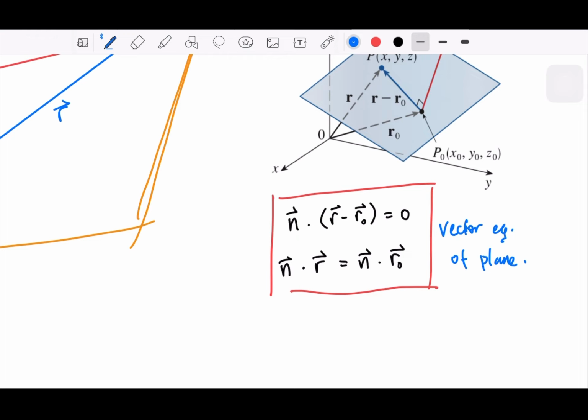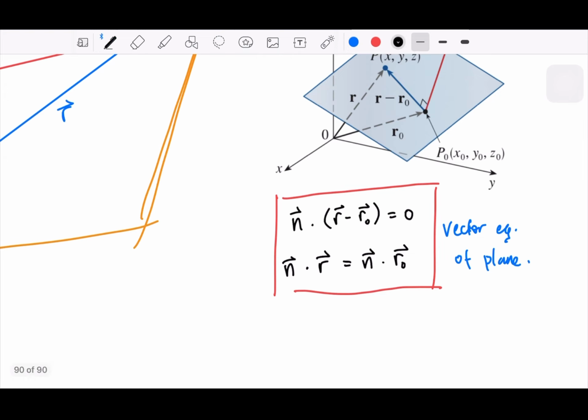So you will have a 0 value. And from these equations, we can set up a component for each n and each position vector with some definitions.